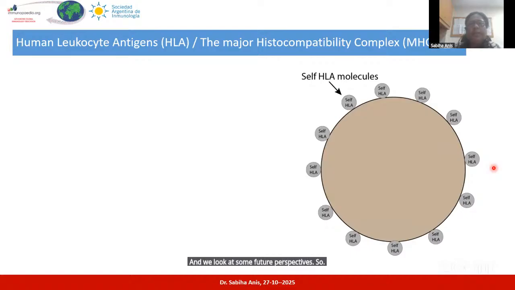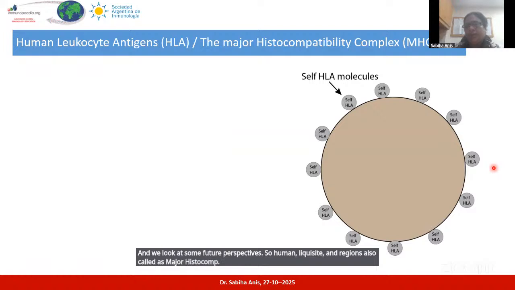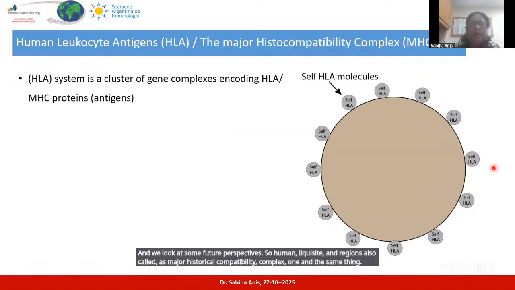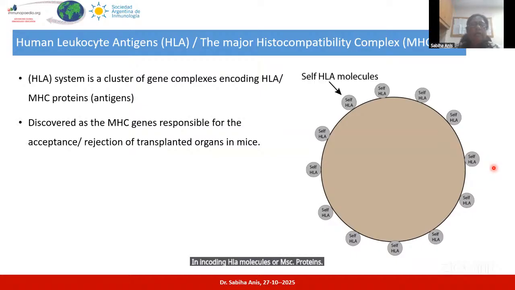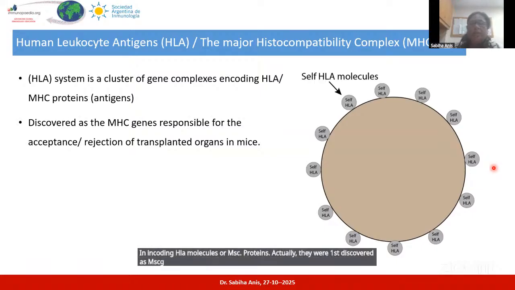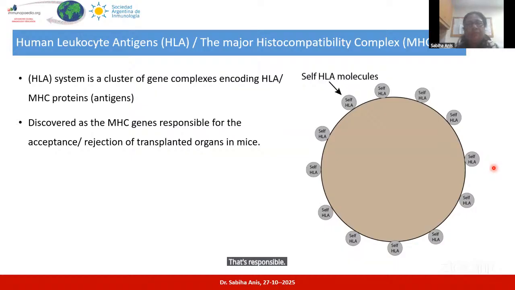So human leukocyte antigens, also called major histocompatibility complex, one and the same thing, is actually a cluster of gene complex encoding HLA molecules or MHC proteins. Actually, they were first discovered as MHC genes that were responsible for the acceptance or the rejection of transplanted organs in mice.